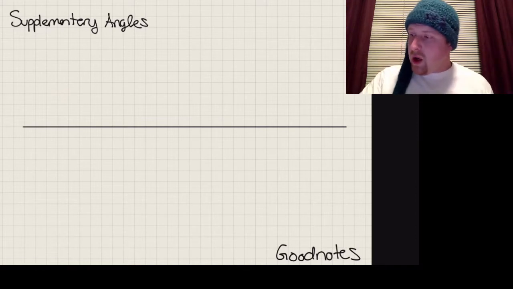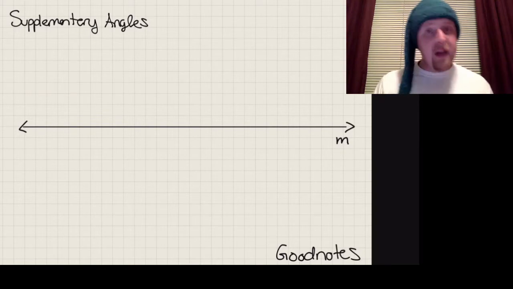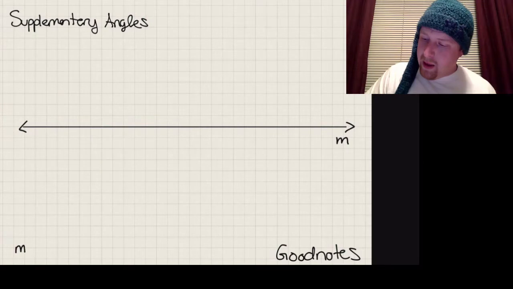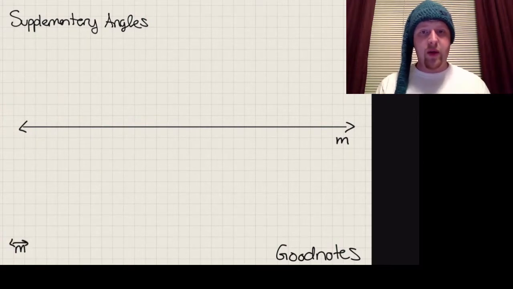Okay, so this is a line, and I'm going to call this line M. If I were to write this in terms of notation, this would be M with a little line symbol above it. And so that's line M that we're dealing with.